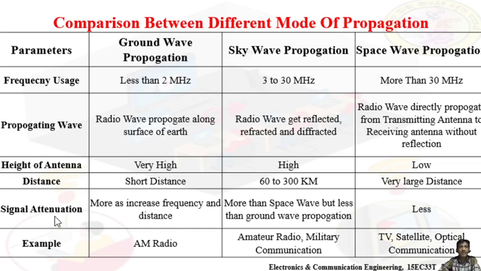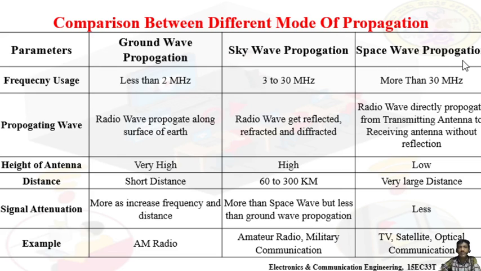The signal attenuation. Signal attenuation means the signal is reduced. The voltage or current level will be reduced more as you increase the frequency and distance. If you increase the frequency as well as distance, the signal attenuation will be more. In sky wave propagation, it is more than space wave but less than ground wave propagation.